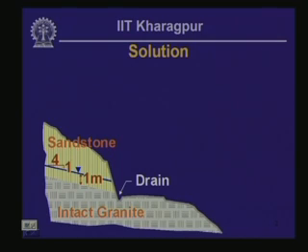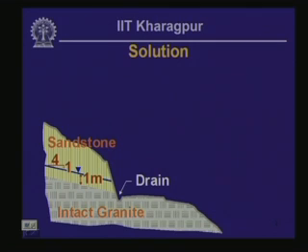We have got a road cut which intercepts an unconfined aquifer within a sandstone bedrock. The underlying intact granite is relatively impervious. So the question that I asked was how much flow will be intercepted by the drain that runs parallel along the left edge of the highway, shown on the cross section in the sketch.